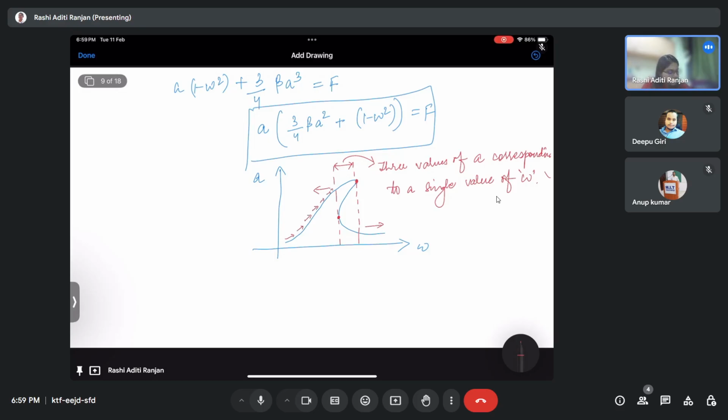right? It will keep following this path until where? Until here. After this it is not going to follow the curvature. But what will happen? It will just drop down immediately, and then it will start following this path.